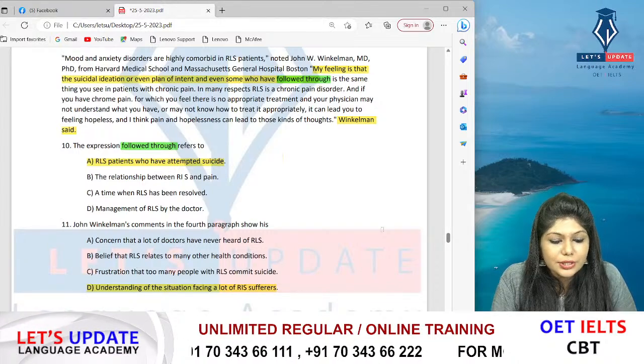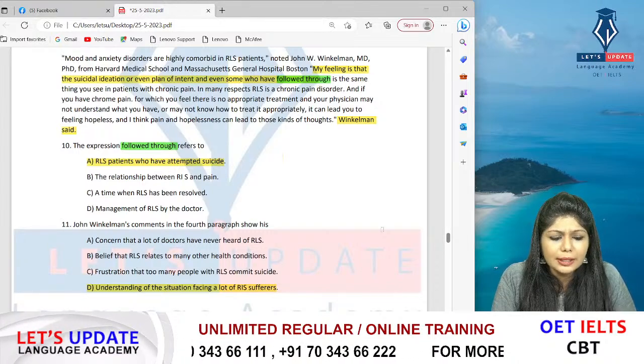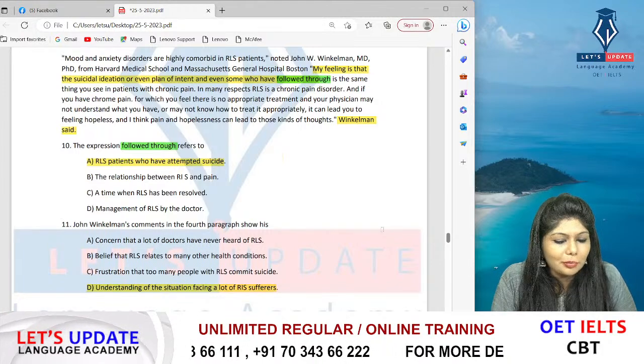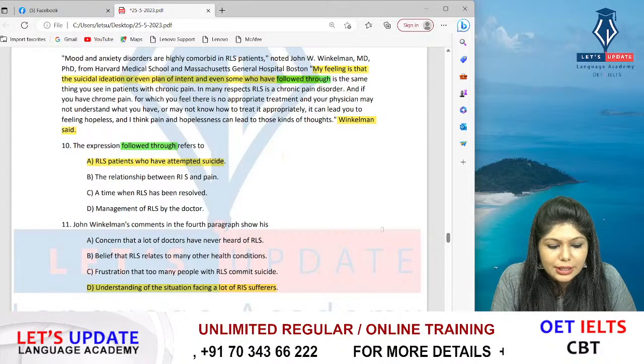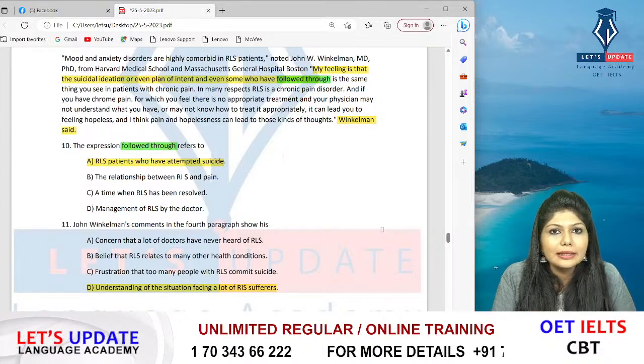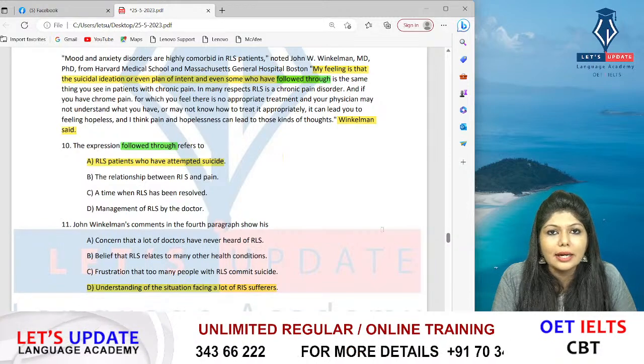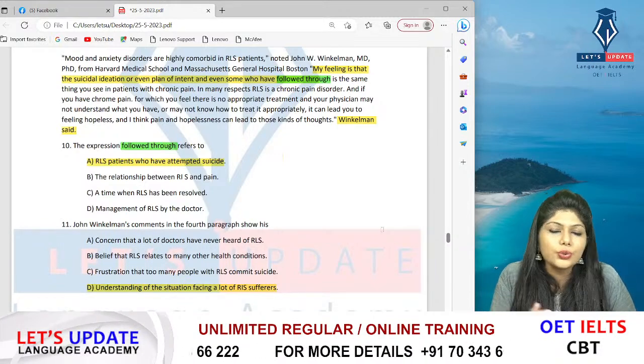And what about C, frustration that too many people with RLS commit suicide? No. He is not showing any sort of frustration. He's just telling you his understanding of the condition and how it leads to suicidal thoughts.